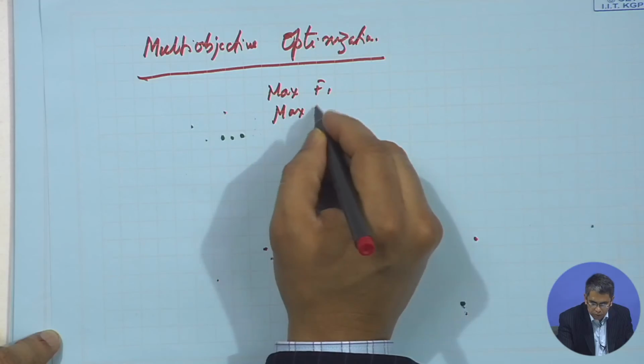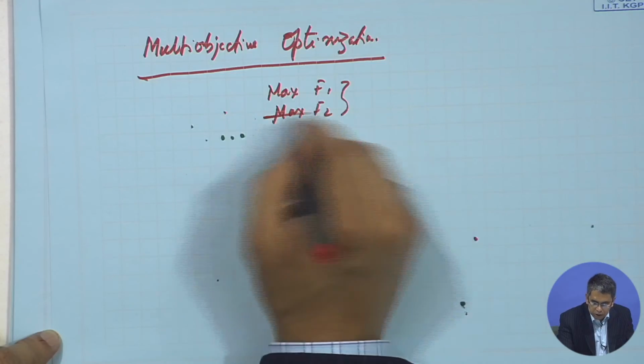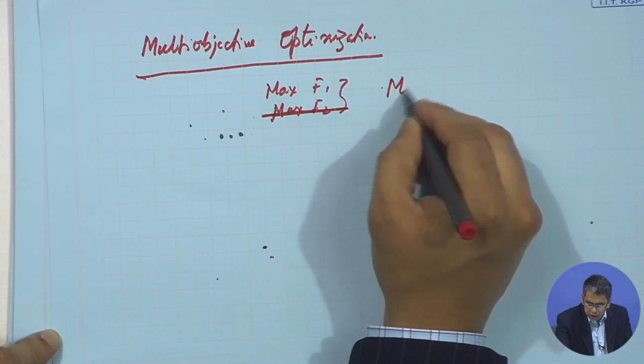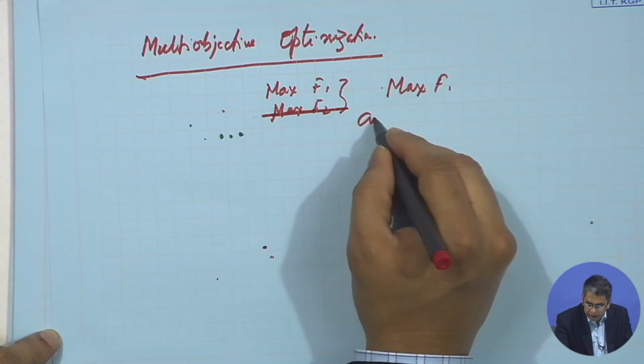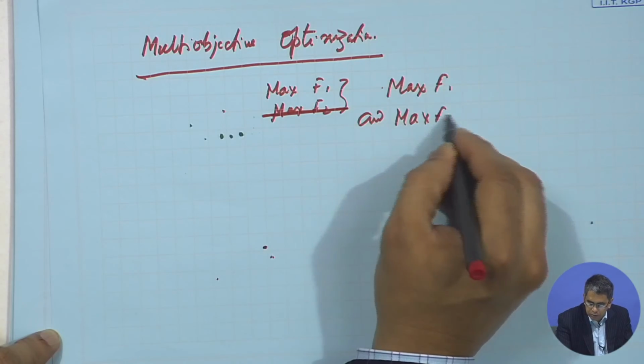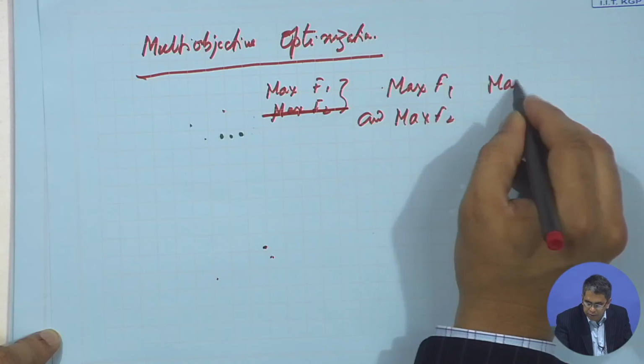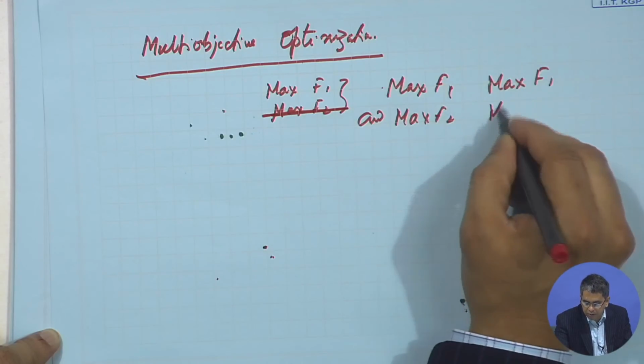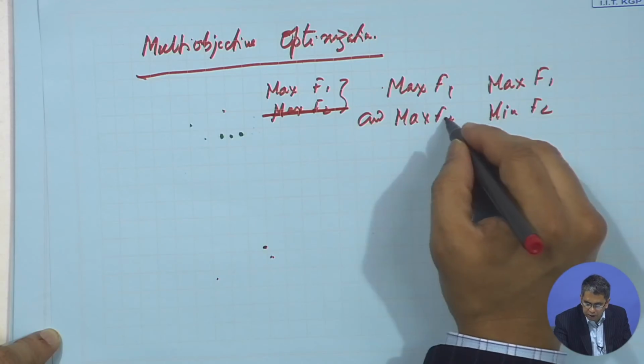Now, so long we are talking about only one objective function, say maximize f1. But we might also consider maximize f1 and maximize f2, or I can say maximize f1, which is one objective function, and minimize f2. So all these combinations are possible.